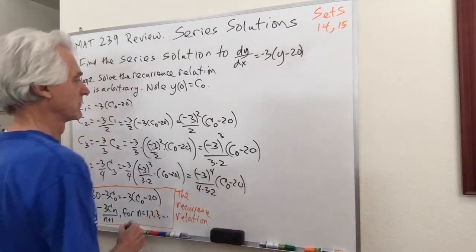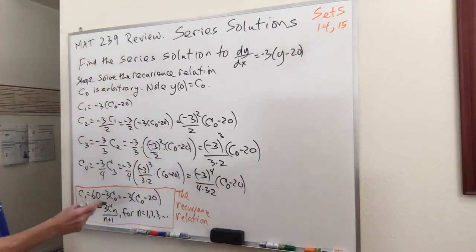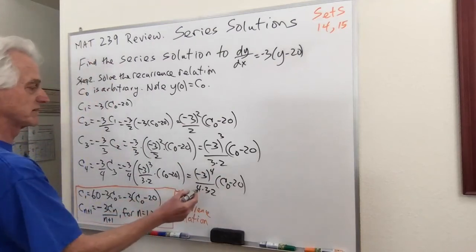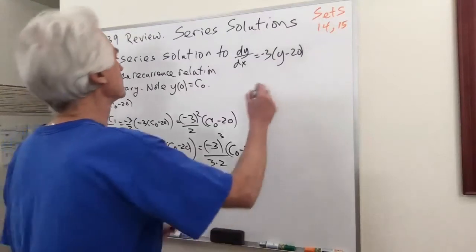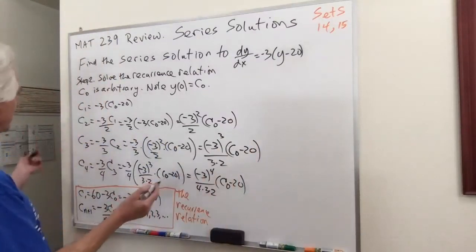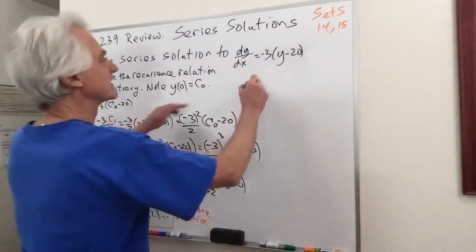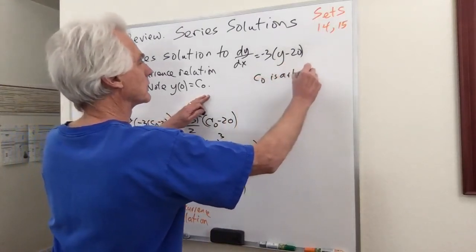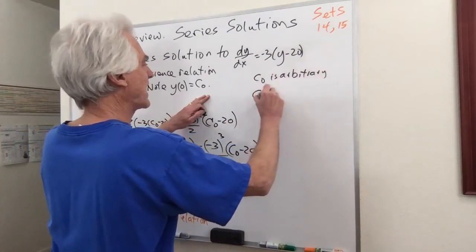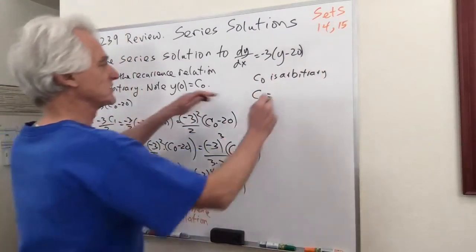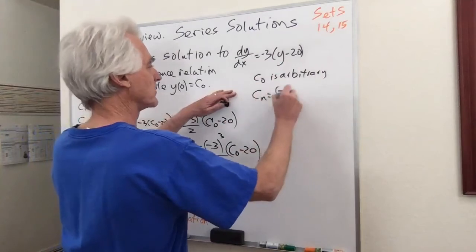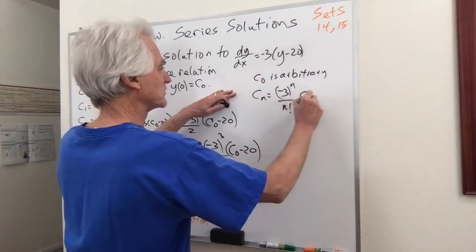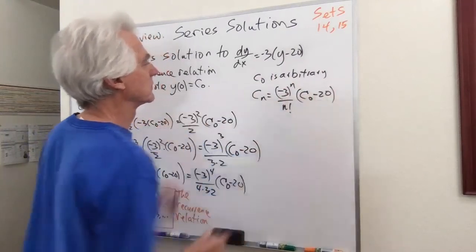Right? So this is also 4 factorial, right? So, in fact, what we've said is that C0 is arbitrary. Cn is minus 3 to the n over n factorial times C0 minus 20.